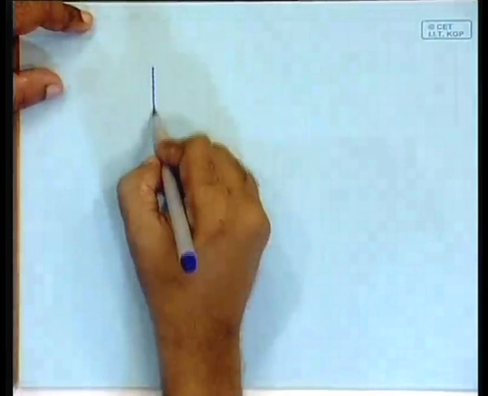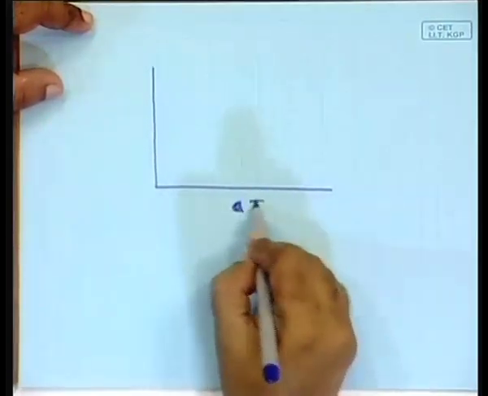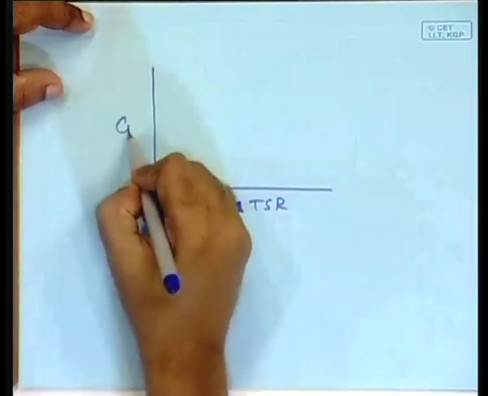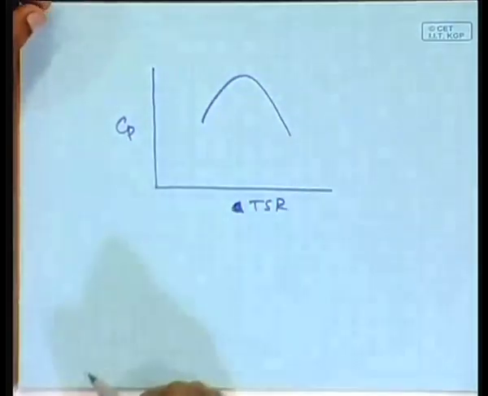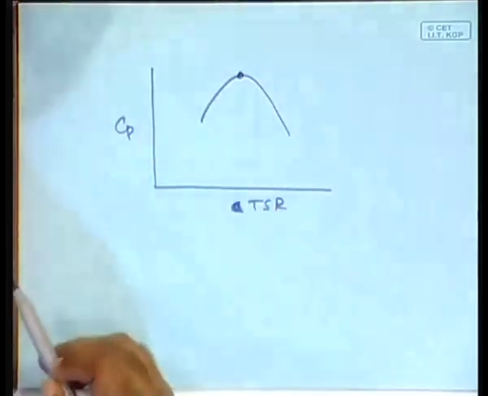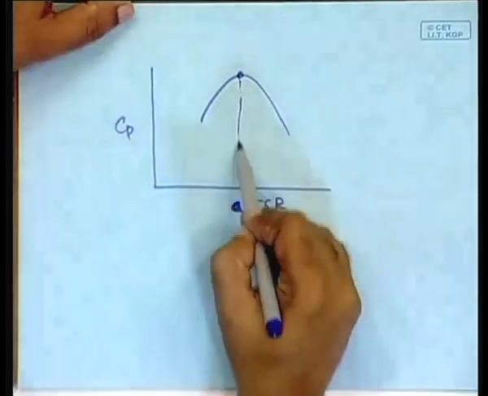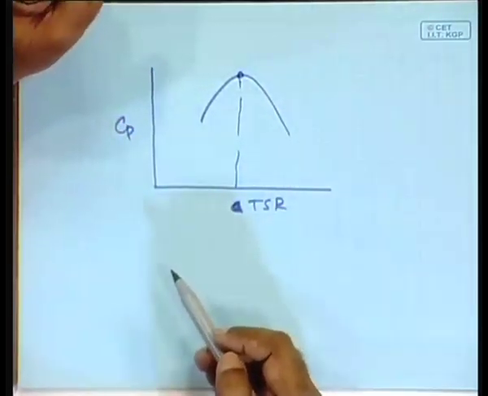In a wind turbine, you have seen that the tip speed ratio versus Cp characteristics is something like this. What does it mean? You want to achieve the maximum power coefficient, but for that you have to operate at a constant TSR, tip speed ratio. What does it mean?